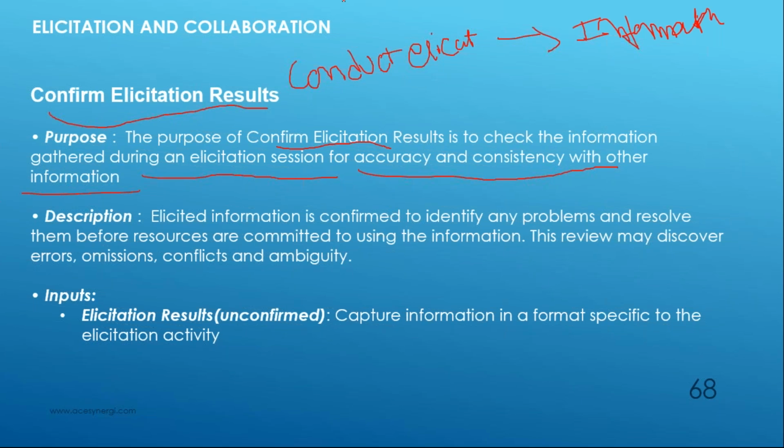Now for this task, the input is elicitation results unconfirmed. When I say unconfirmed, these elicitation results are an output of the task conduct elicitation. Those unconfirmed elicitation results capture information in a format specific to the elicitation activity.